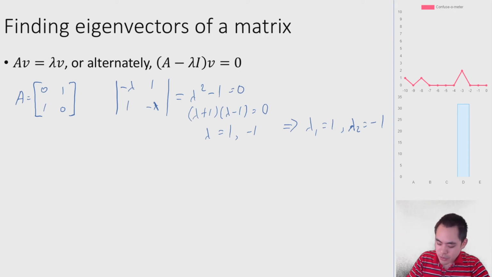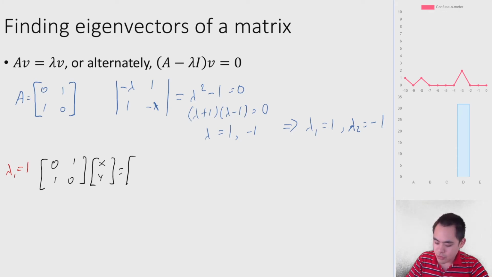Okay, so let's start with lambda 1 is equal to 1. What we want is [0, 1; 1, 0] times (x, y) to be equal to, well, we want to multiply it by 1, so that should just be (x, y) again, right?